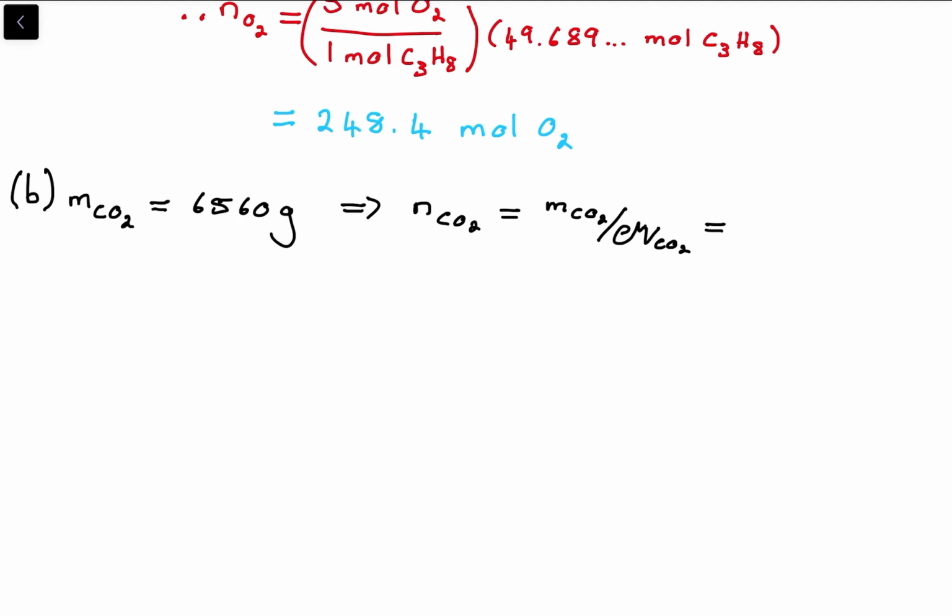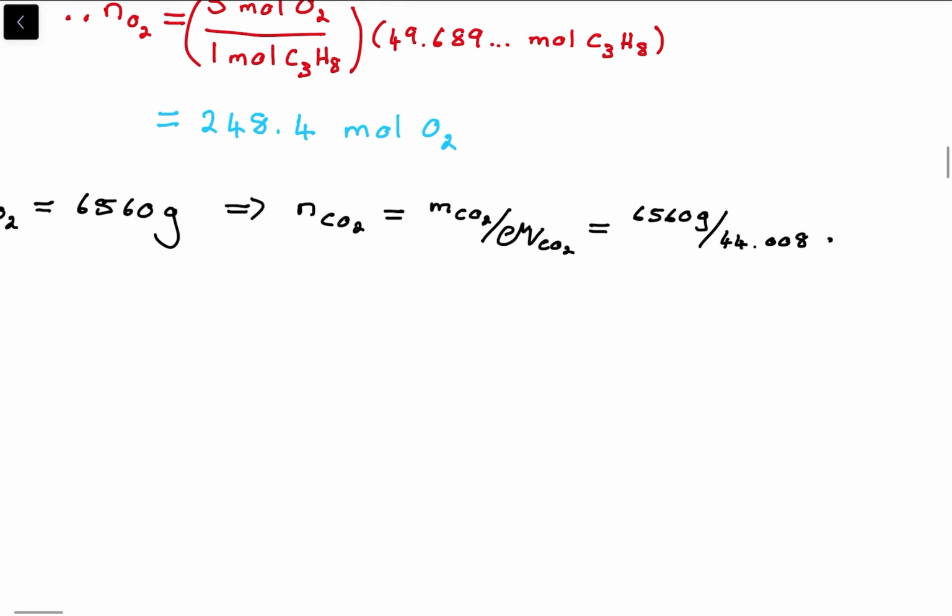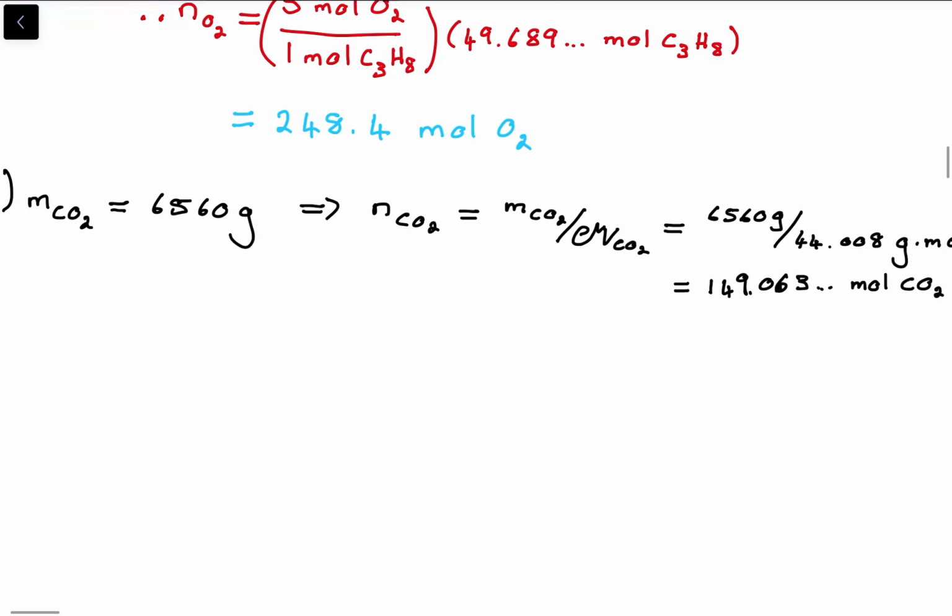And that's going to be 6,560 gram divided by 44.008 gram per mole. Gives us 149.063 mole CO2. Okay, that's how much CO2 forms after multiplied by 86%.